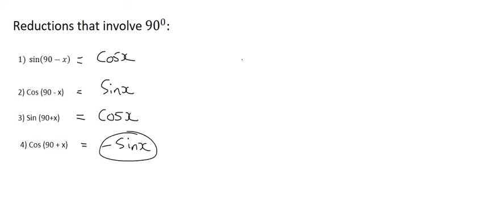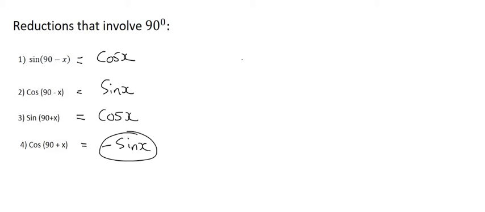So this is the important one that you need to remember. The other ones just become the opposite. And so please remember that anything with a 90 just becomes the opposite of what it was. Whereas what we saw in the previous slide, if it was a 180 or a 360, then it doesn't become the opposite. Okay, so that's very important.